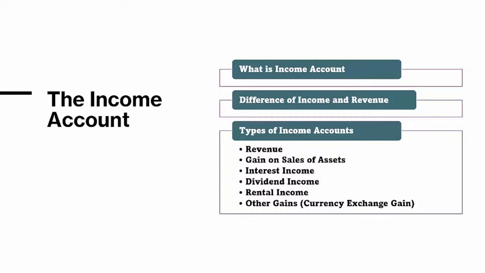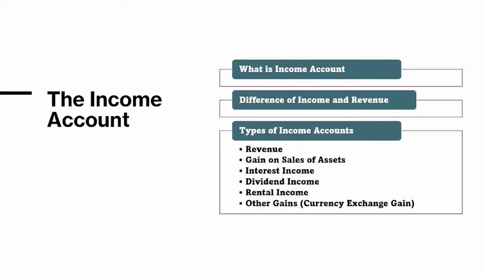Why is income different from revenue? The main difference is that revenue is earned from the business's primary activities, like a bakery selling bread or a consulting firm providing advice. Income, however, includes revenue plus any other earnings, such as profits from investments, sales of old equipment, or other non-core activities.